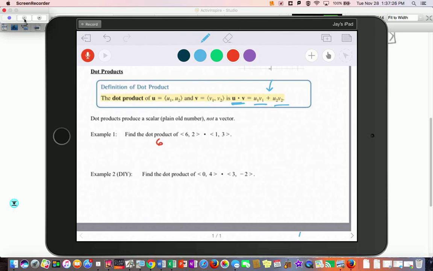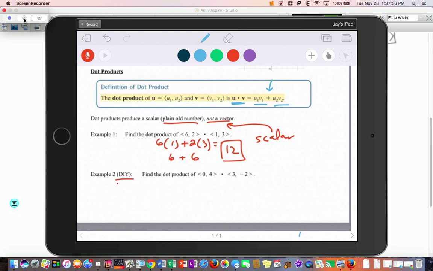You're going to do 6 times 1 plus 2 times 3, and so I get 6 plus 6, which is 12. And this is called a scalar, just a number. It's not a vector. It's just a plain old number. Too often students do dot products and write the answer as a vector, but you add the two answers together.